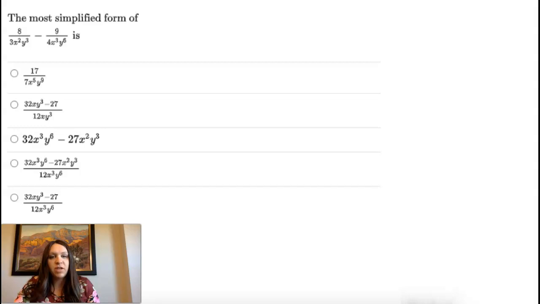This is 3x times x plus 4 minus 10x times x minus 4 all over x plus 4, x minus 4. So I need to simplify these out. But first I'm going to subtract.